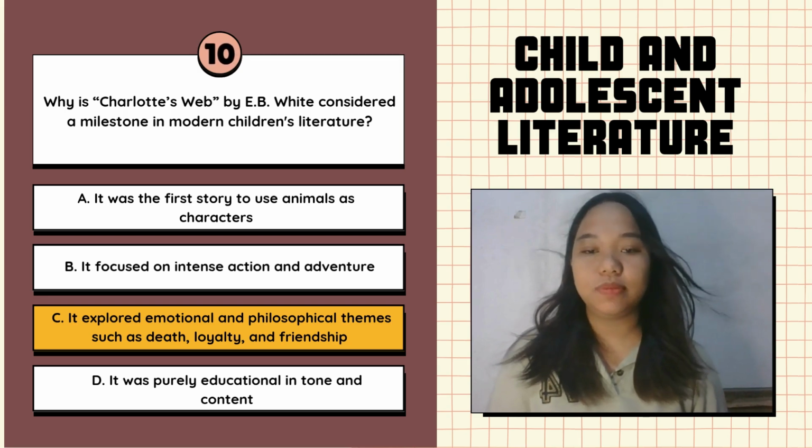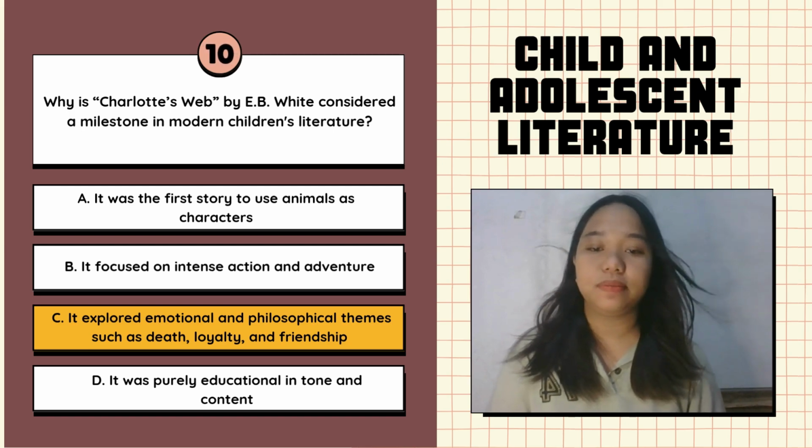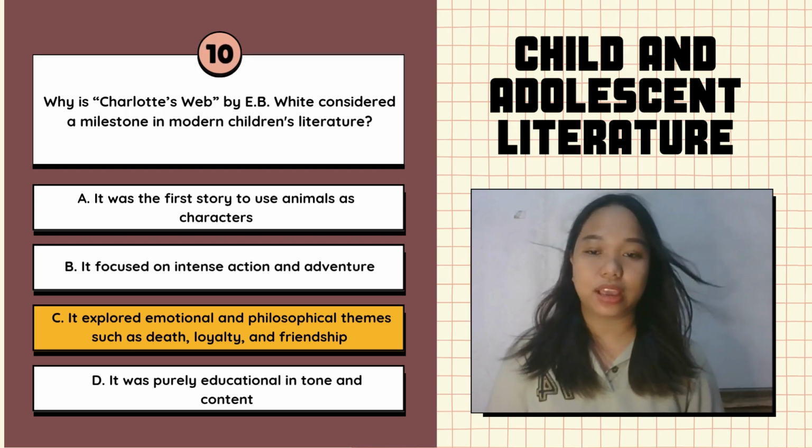It deals with themes like friendship, sacrifice, fear of death, and the meaning of life. Through the friendship between a pig, Wilbur, and a spider, Charlotte, Charlotte's act of saving Wilbur shows children what loyalty, love, and kindness look like, even between unlikely friends.